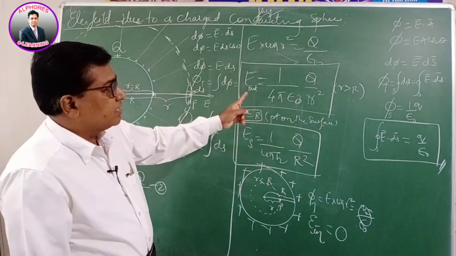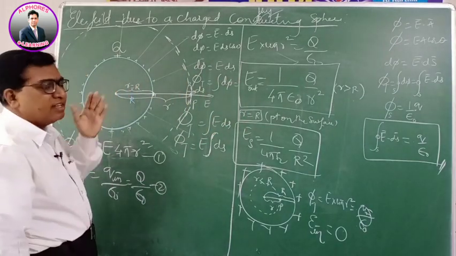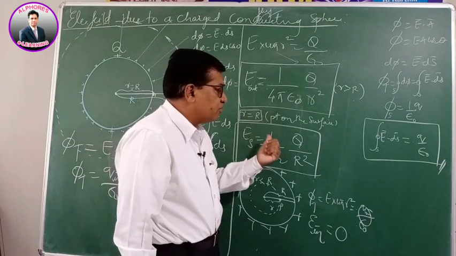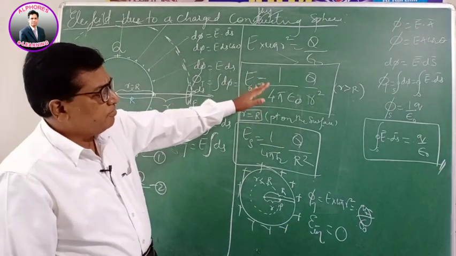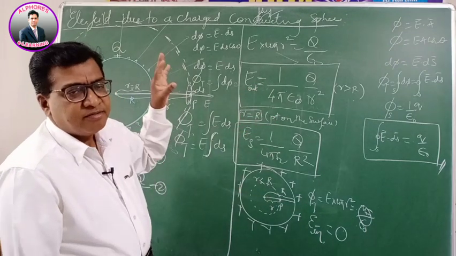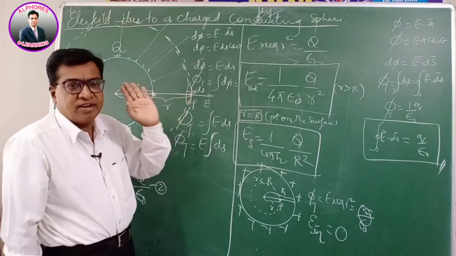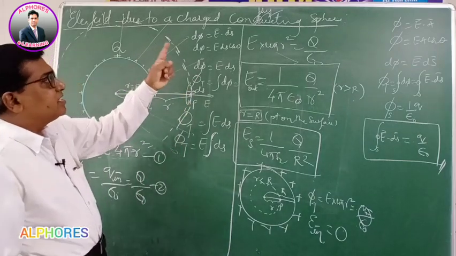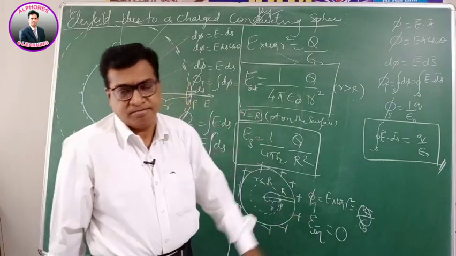So for a conducting charged sphere, it is the same as for a charged spherical shell. We got the same electric field at the outside point, on the surface, and at the inside point. Same formulas as for the hollow charged sphere, whether it is conducting or non-conducting. Hollow sphere and conducting charged sphere both have the same electric field.